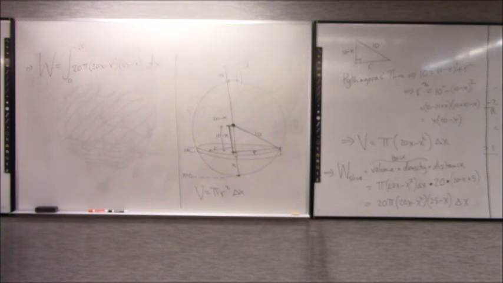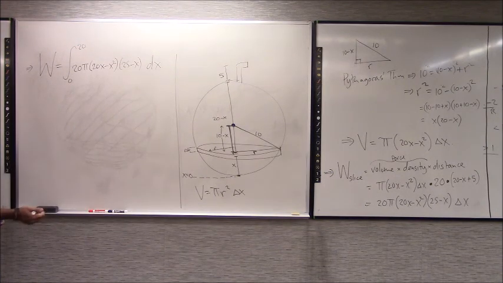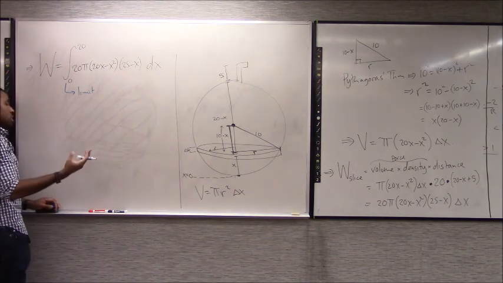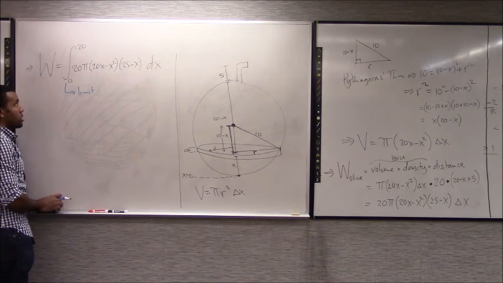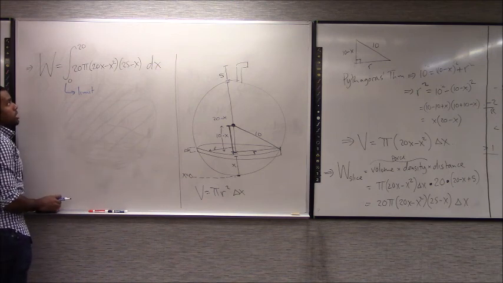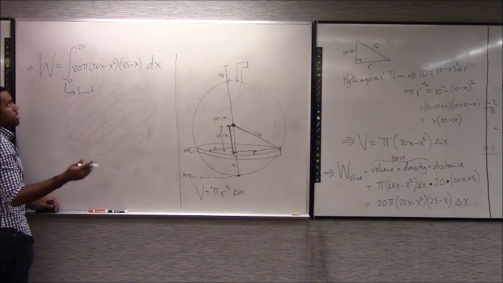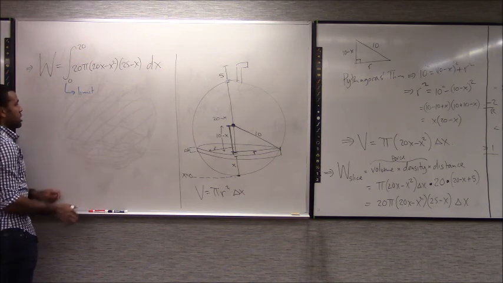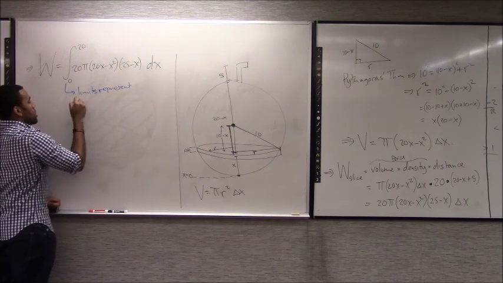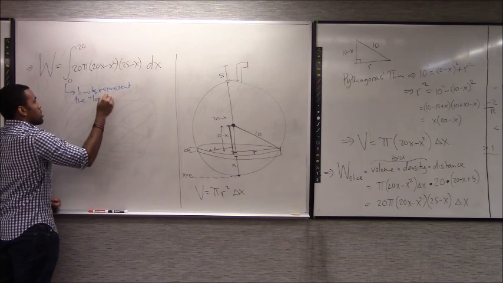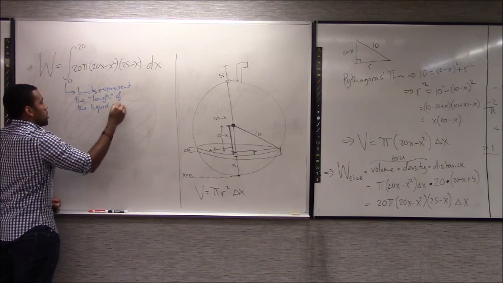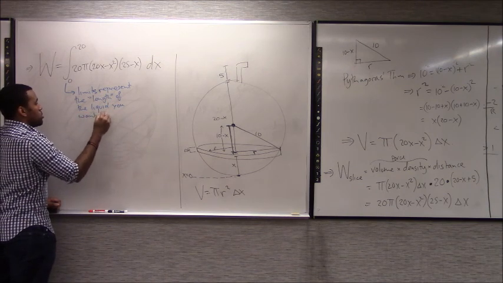And I want you to notice here, you always want to know how you are setting up the limits. Now the limits, so in Hooke's law, you know that the limits describe the distance you are from the natural length. When you're looking at pumping problems, and for pulling problems, the limits would represent the length of the thing that you're pulling up. Here the limits represent, it's going to sound weird to say this, but the length of the liquid you want to move.